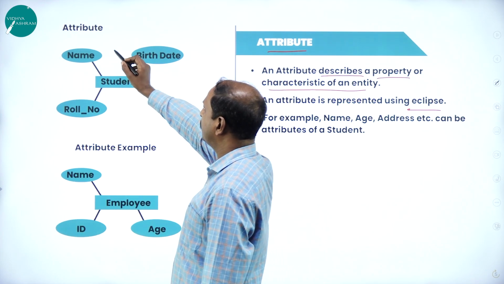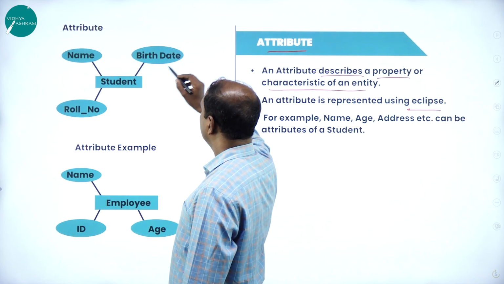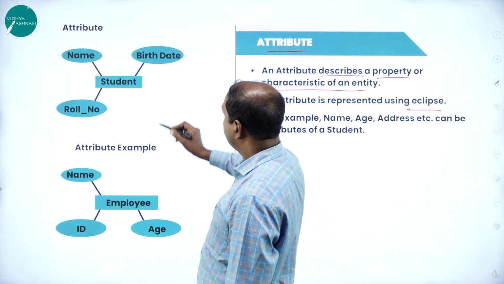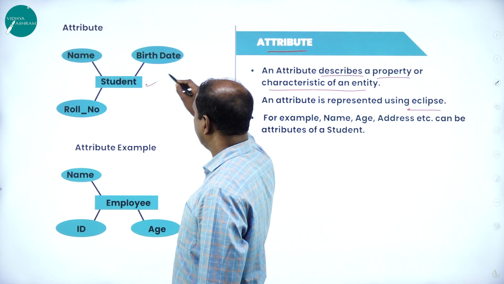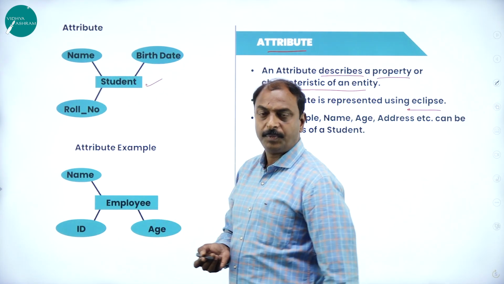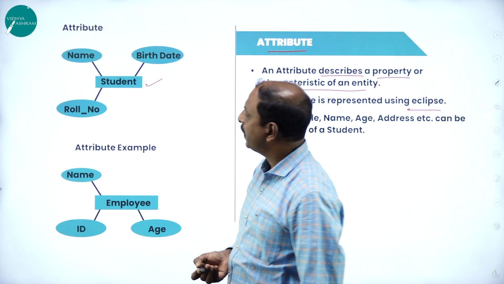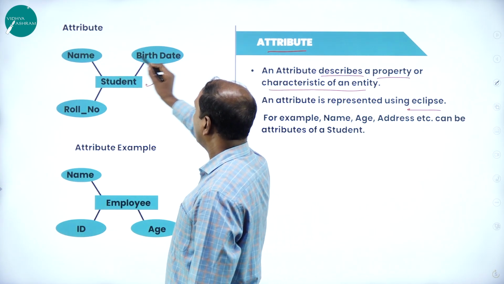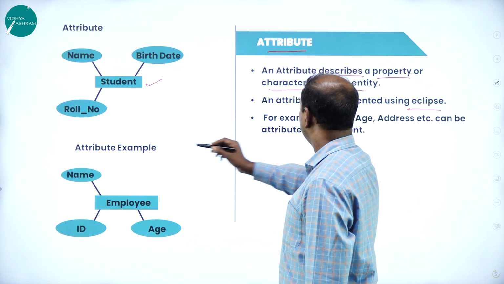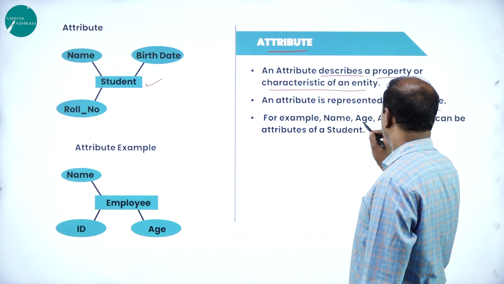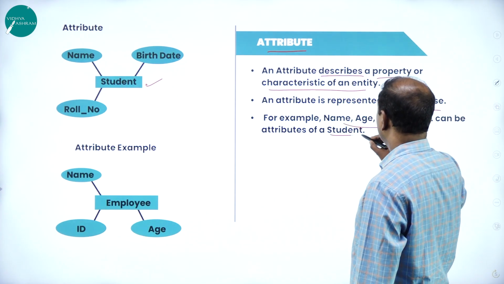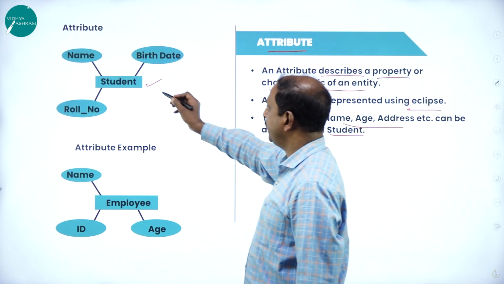For example, in the example here, name, birth date, student, roll number. This is a rectangle, so this is an entity, and these three are attributes represented using ellipses. Examples: name, age and address of a student can be attributes of the entity student.